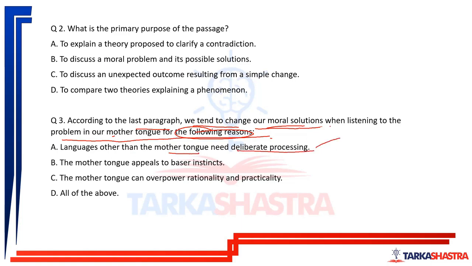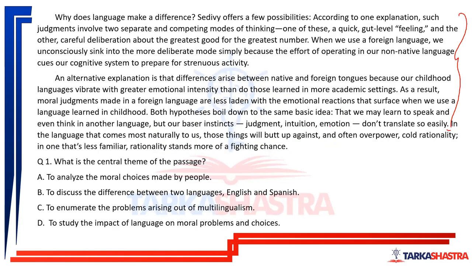Yes, this has been mentioned in the passage. So what is happening? One of these, gut level feeling and other full and careful deliberation about the greatest good for greatest number. Okay, this is the mode of thinking. So when we use a foreign language, we unconsciously sink into a more deliberate mode, while native language में क्या होने वाला है?